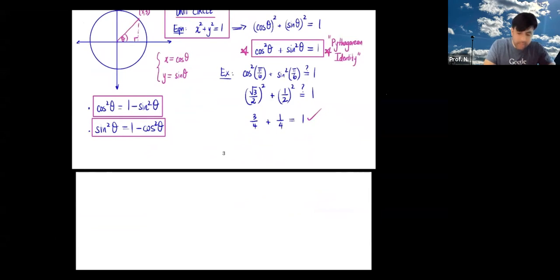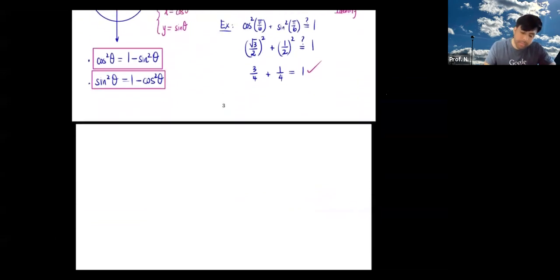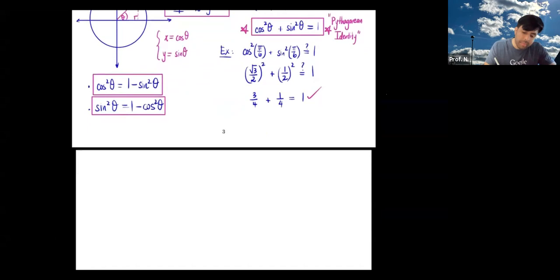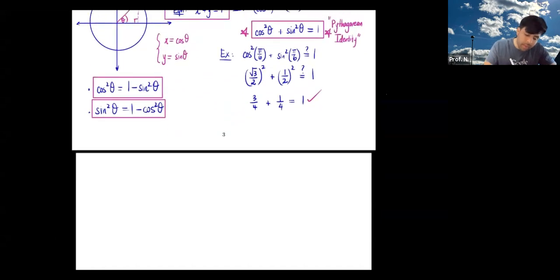Okay, and then I'll give you 2 more of these. So if I go back to the Pythagorean identity, cosine squared plus sine squared equals 1, right? And if I divide everything, for example, by cosine squared theta, I get a new identity. What is my identity?